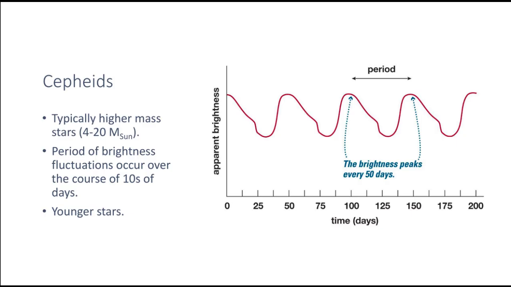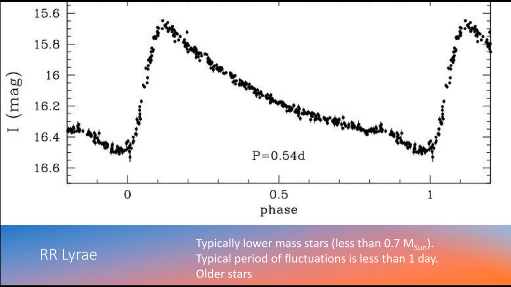So one type of variable star is a Cepheid. Cepheids are typically higher mass stars, and they have a period that's on the order of tens of days. In this example, the period of this one is 50 days. And because these are higher mass stars, they're going to be younger stars. Put that in contrast with RR Lyrae.